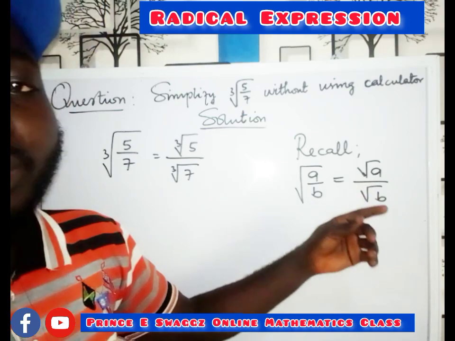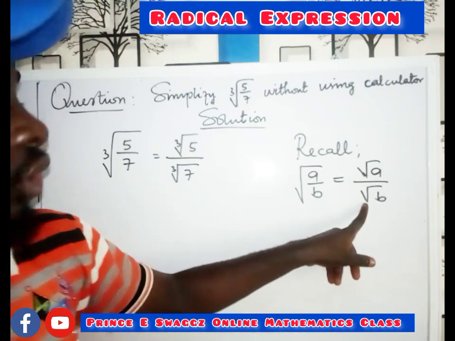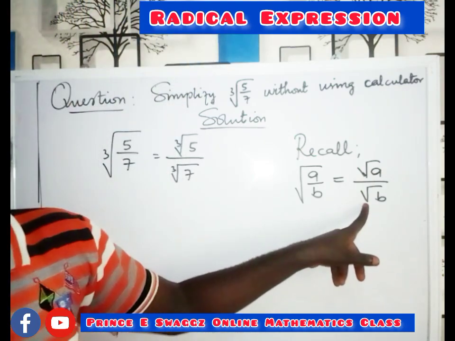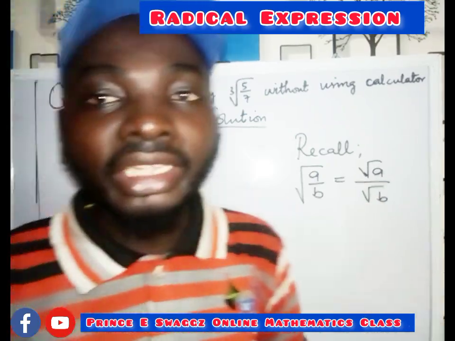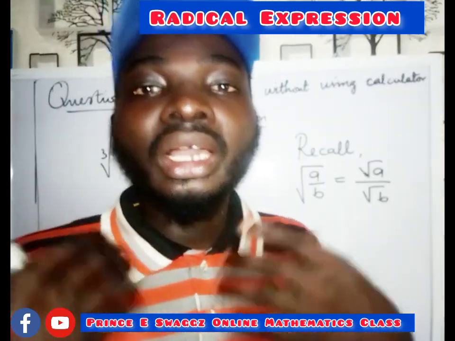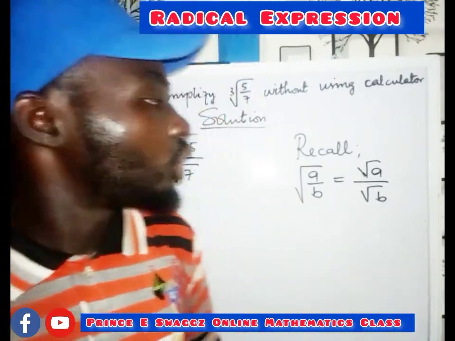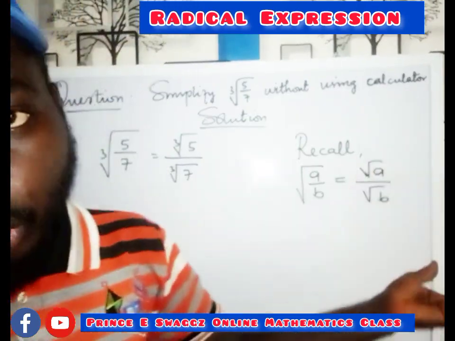Anytime our denominator is a radical expression, we need to terminate the root of that denominator. And how do we do that? We do that by what we call rationalization. So rationalization simply means to eliminate or to terminate the root of the denominator.